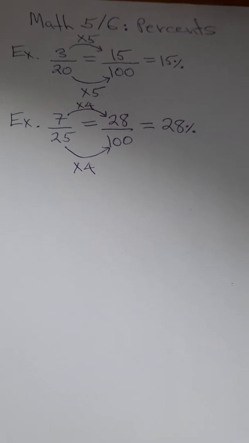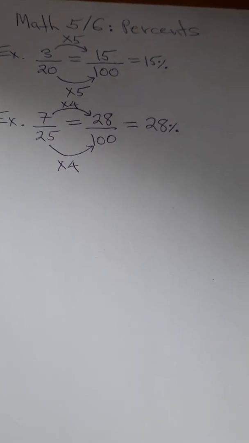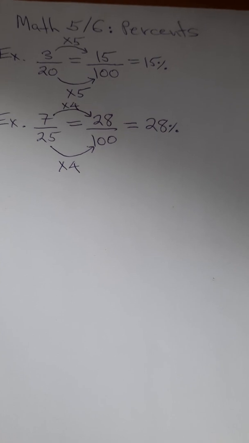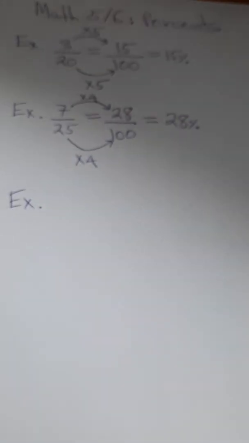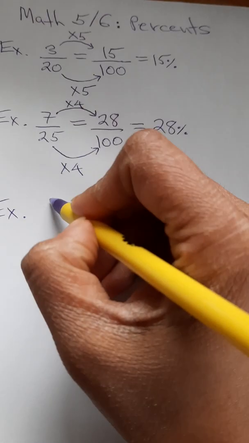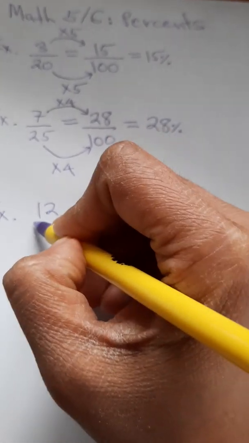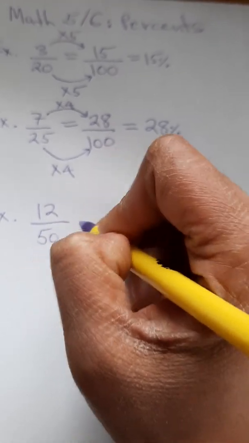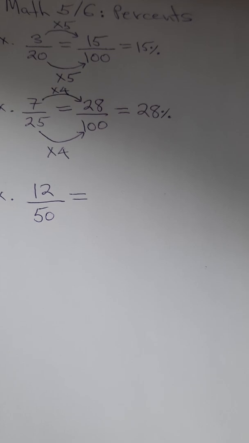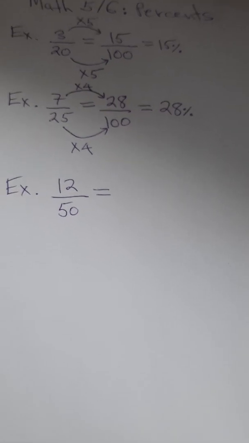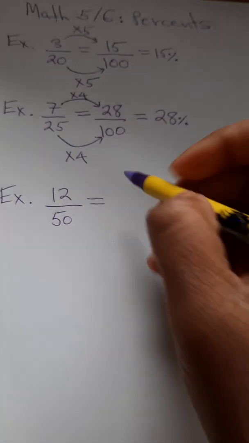Just like this. Are there any questions here? Okay, that looks good. Let's change the denominator one more time. Say I have 12 over 50, and I want to show you all of the different types of combinations that you will see in the textbook as well.